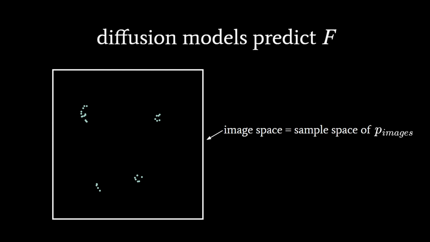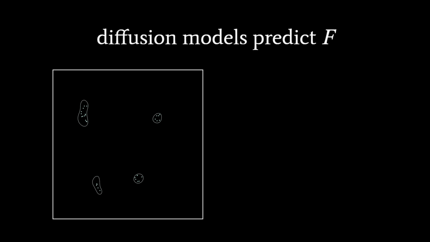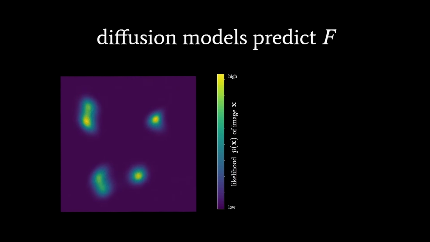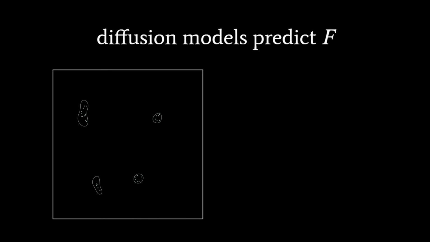If you imagine image space as the sample space of some probability distribution, and the individual images as samples from that distribution, then these clusters where good images live are regions in image space that are the densest. They have a high number of samples per unit area. In other words, where the value of the probability density function is high.